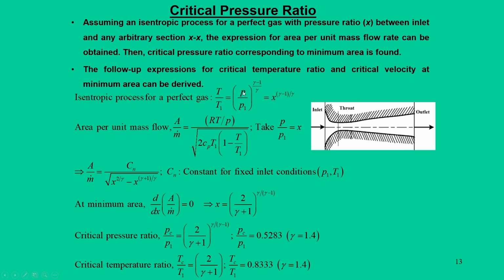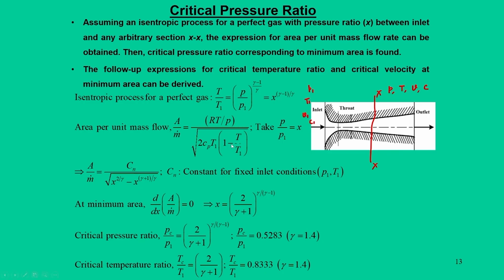Now, assume that P stands for any arbitrary section XX, where the property values are denoted by pressure, temperature, specific volume and flow velocity, and inlet conditions are specified as P1, T1, specific volume 1 and C1.